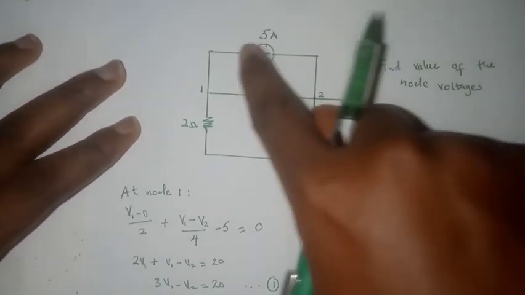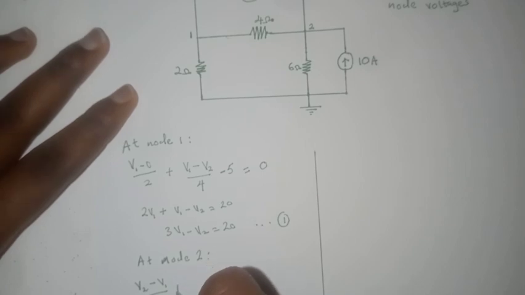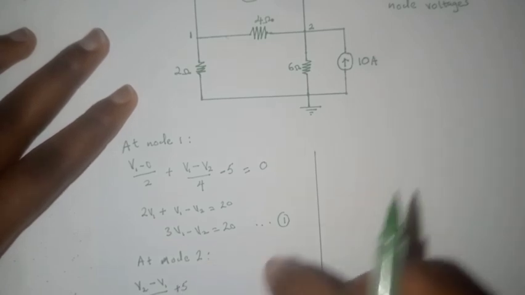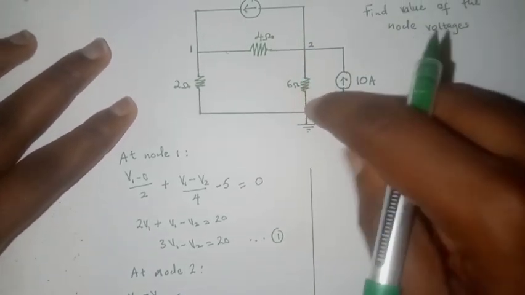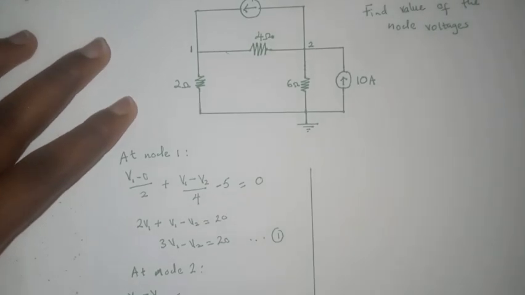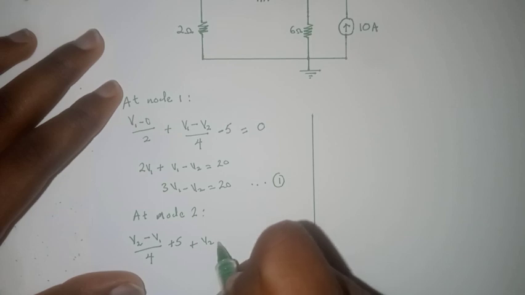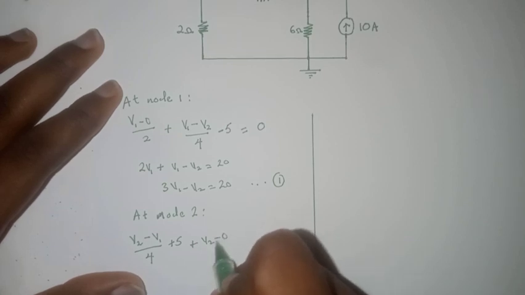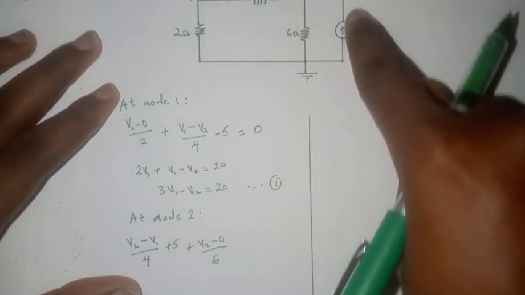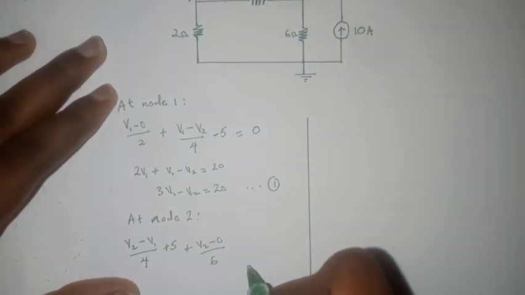Then this current is leaving, so it is positive, that's plus 5. Then we write for this branch, that's plus V2 minus 0 over 6. Then this current is entering, so that will be minus 10.